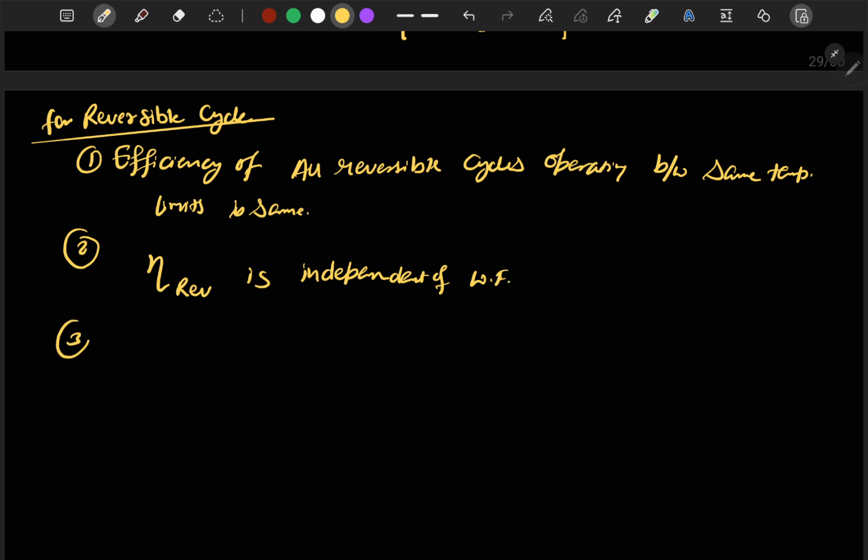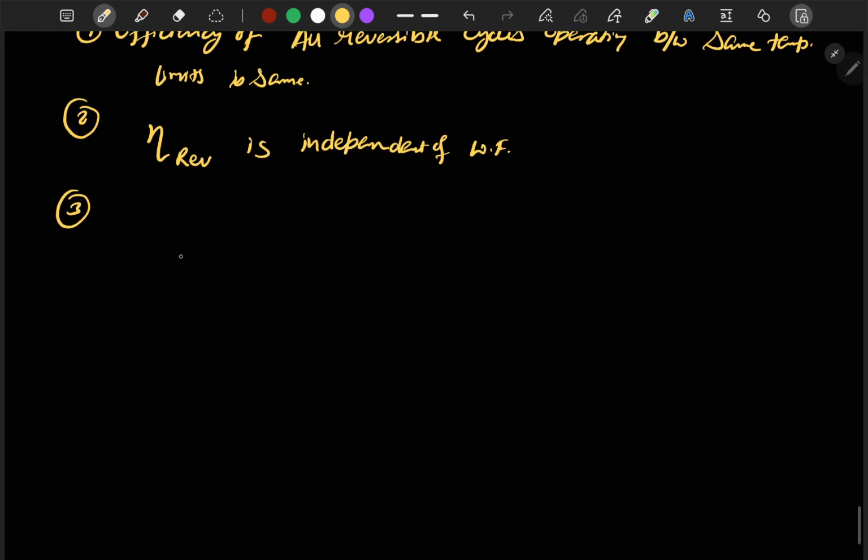Third, eta for a reversible cycle is a function of temperature only, so it depends only on both the higher and lower temperature limits.